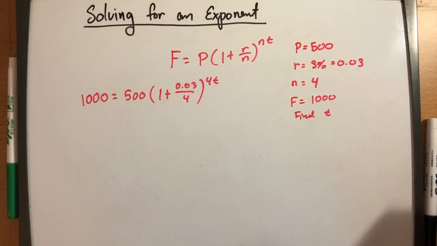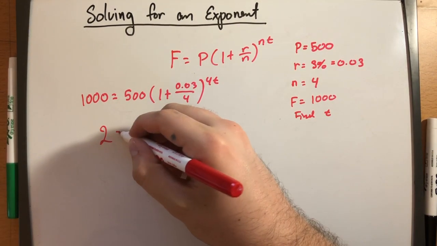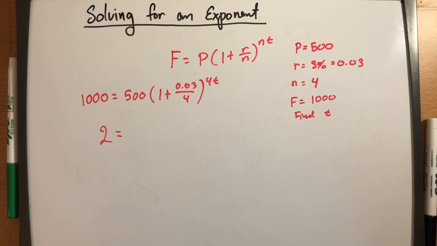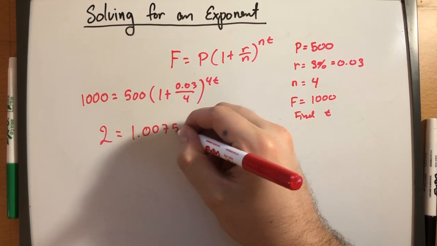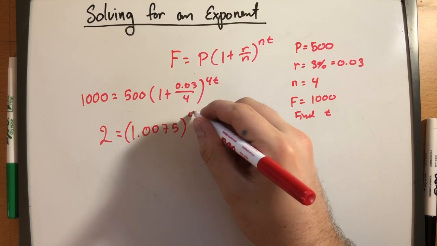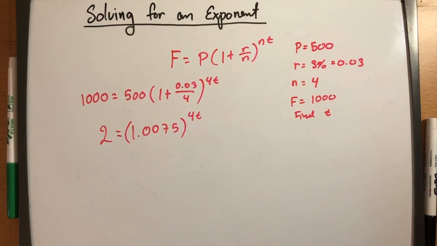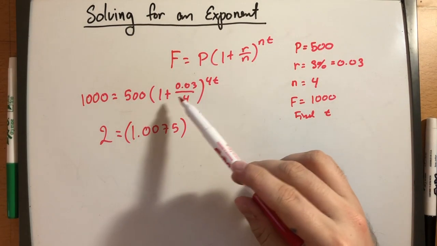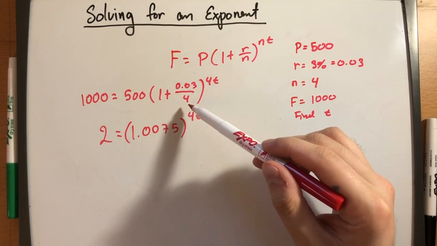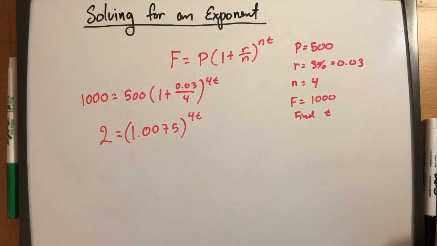So if I were to simplify this, I would get this. So what I did first was I divided 500 on both sides, and then I went ahead and did 0.03 divided by 4 plus 1 to get this.